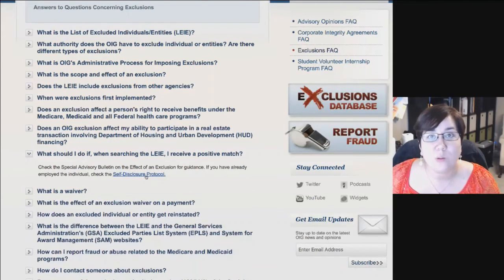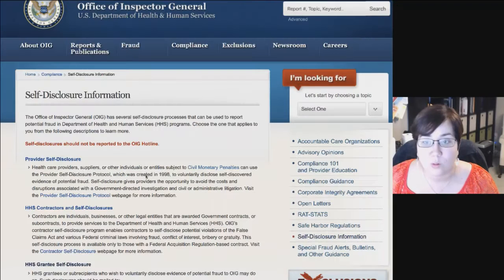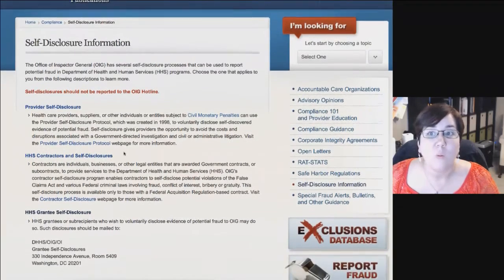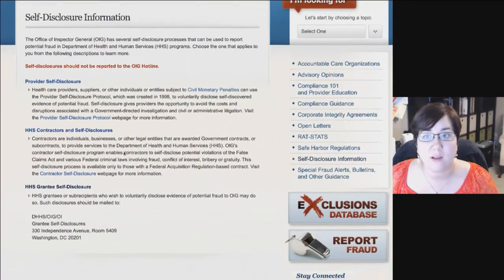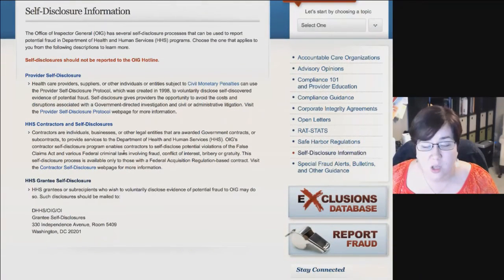Well, you need to go through the self-disclosure protocol. You need to go through and identify, we now have a person who is on this. We need to self-disclose because you're going to usually avoid a penalty and avoid some trouble if you say, okay, we figured out we have a problem. We're using a provider who we cannot use to report services to Medicare.